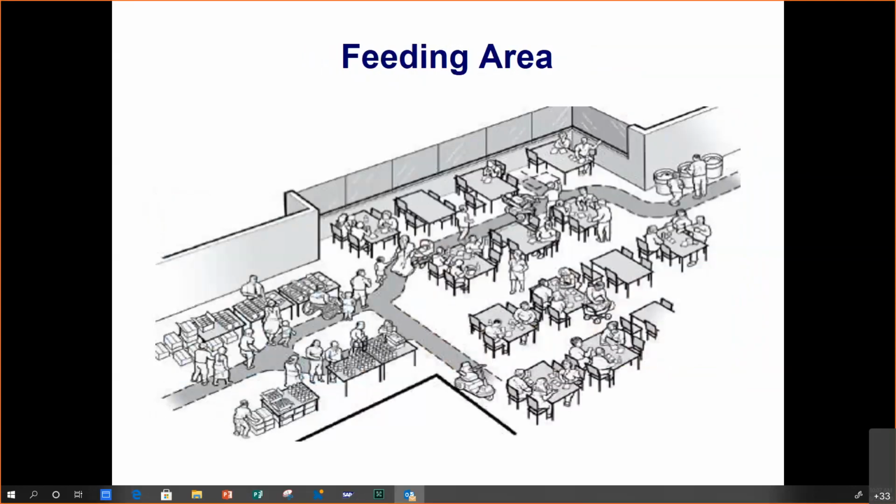So the feeding area is also a place where you may find that you're trying to look for solutions for individuals. Most of the time it's in a separate area, and there may be issues in terms of spacing between tables, being able to access the food itself. Maybe it's too high, maybe it requires too much of a reach.